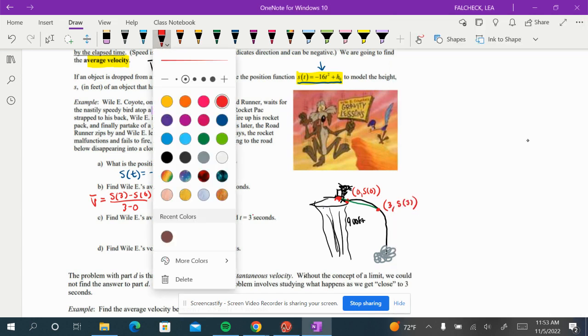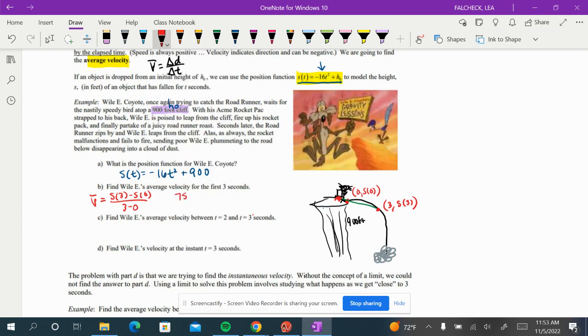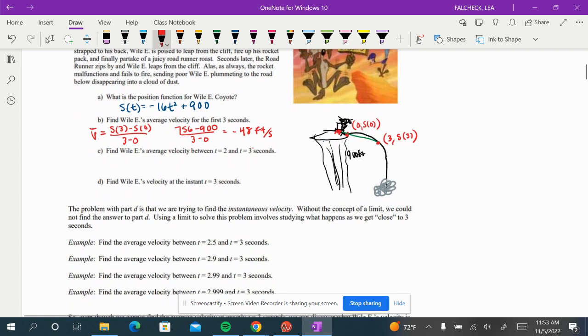So I would get s of 3 was 756 minus s of 0 was 900 over 3 minus 0. I would do the math and get negative 48 feet per second. So you'll notice that since velocity is negative, that's indicating that the poor coyote is falling. And that makes perfect sense in the context of our diagram.